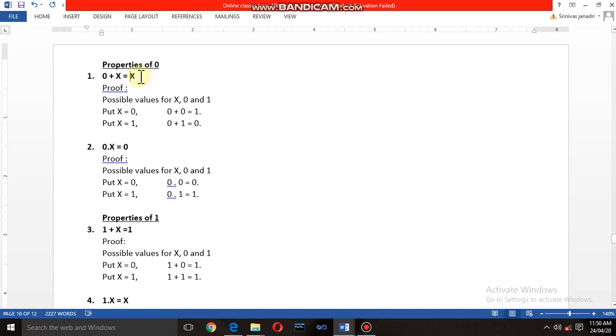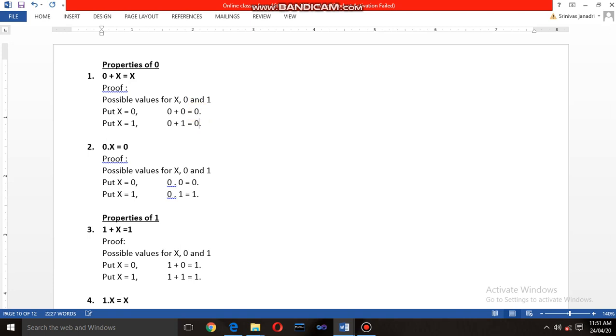Let us see the proof. Possible values for x are 0 and 1. In Boolean algebra a variable has only two values, either 1 or 0. When you put x is equal to 0, 0 OR 0 is equal to 0.